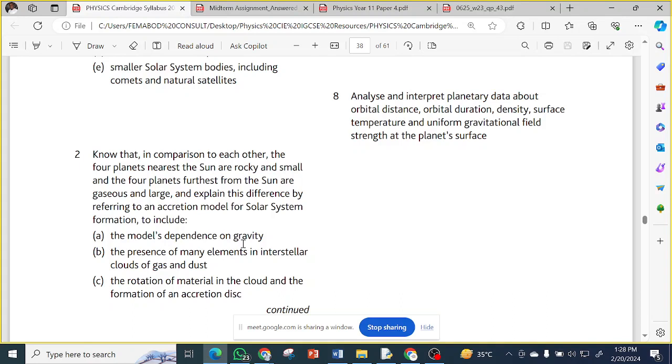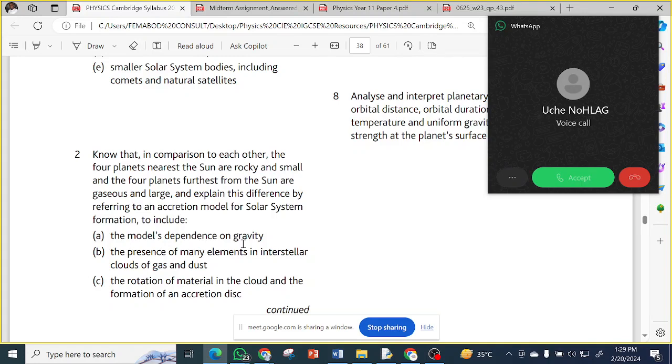They are gaseous and large, and this can be explained through the accretion model for solar system formation. The accretion model emphasizes that the solar system formed as a result of gravity pulling together different elements of dust and particles.